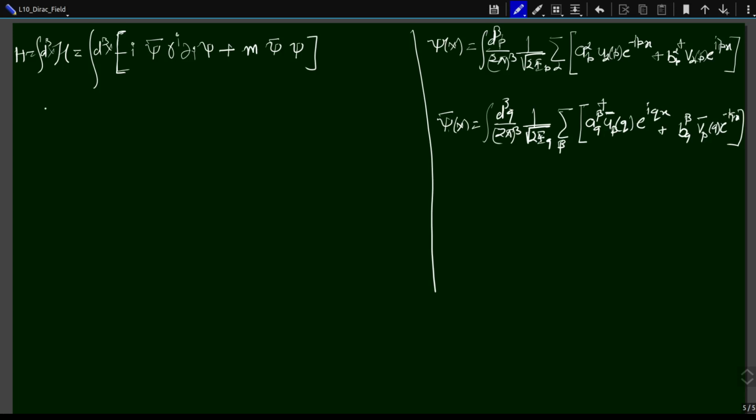Let me look at the term 2. I can mark it first. This is my T1, my T2, and I'll separately evaluate them.